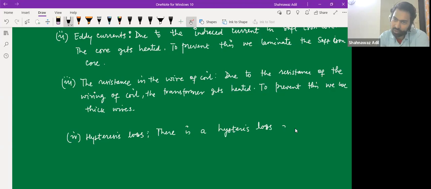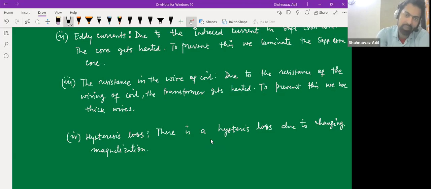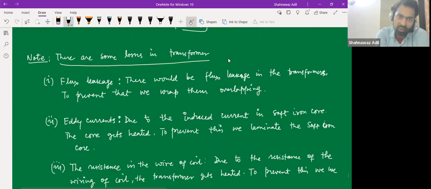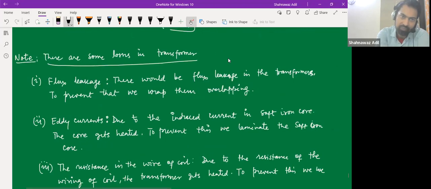Right, so these are the losses that can happen in the transformer. So we should take care of these losses. So please note down these points, right? And if you have any doubt in these points, please ask.